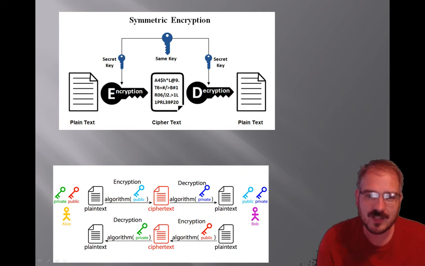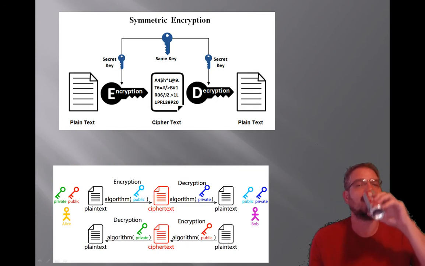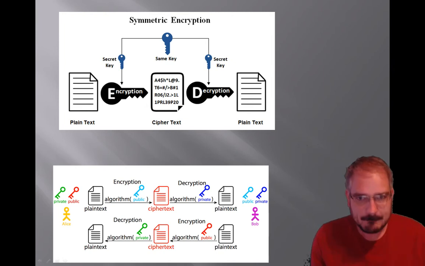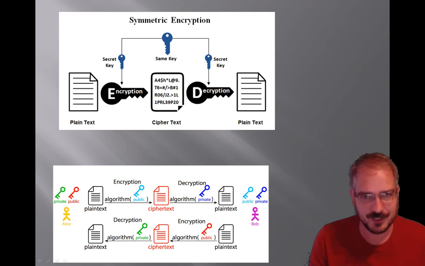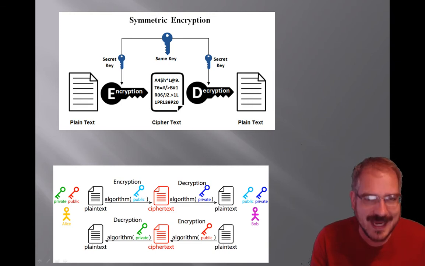But modern encryption. So all of those techniques that I just described were what's called symmetric encryption, meaning you use the exact same process for both encryption and decryption. As such, both sender and receiver have to both know the same key.